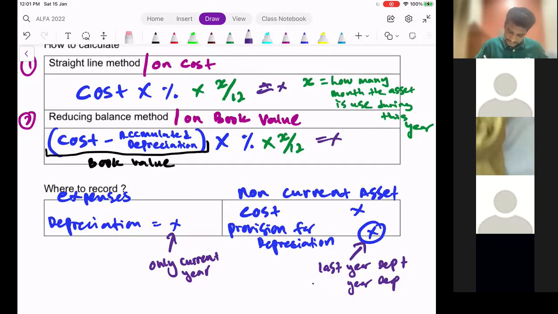Current year depreciation is this year's depreciation. You plus them together.